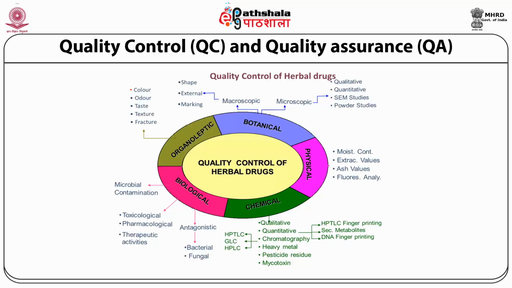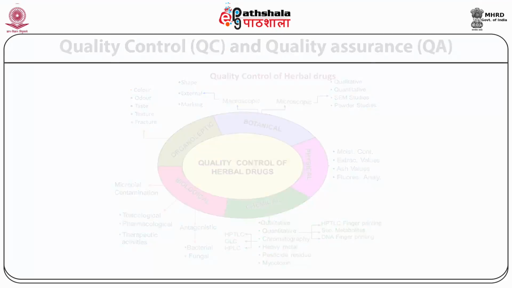The next set of parameters are biological, where we look for the microbial contamination, the toxicological residues, pharmacological efficacy of the drug, so as a quality parameter.